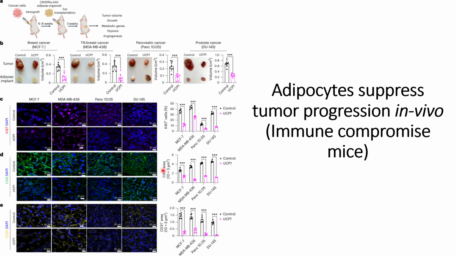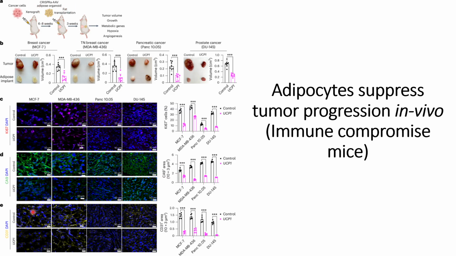And when they check for the hypoxia conditions, they use the CA9 marker. We can see that the CA9 signals are also low compared to the control case in all the 4 cancer cell lines, and this indicates that hypoxia is also low in the cancer cells that are treated with this UCP1 gene transfected adipose organoid.